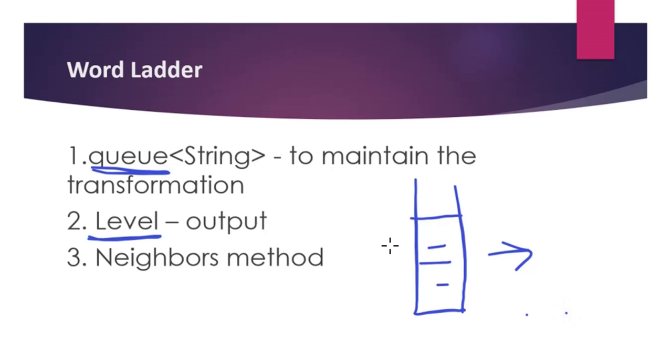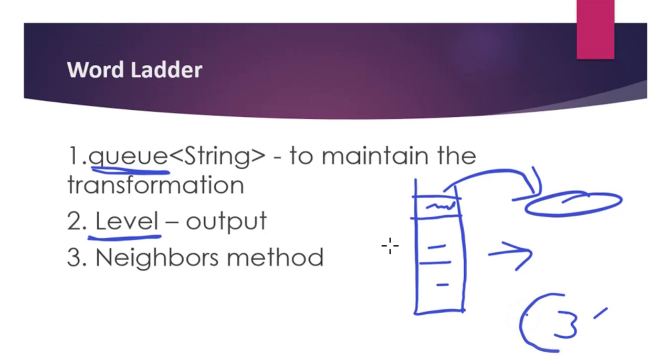For example, if it reaches level 3, we poll the recent string from the queue, and if that matches the end word, level 3 is returned. So at level 3 the transformation is made. If the end word is not found, then it goes on to generate the neighbors of the string.